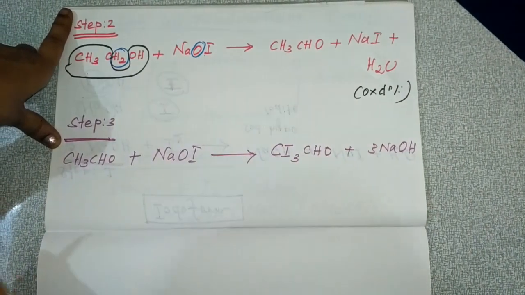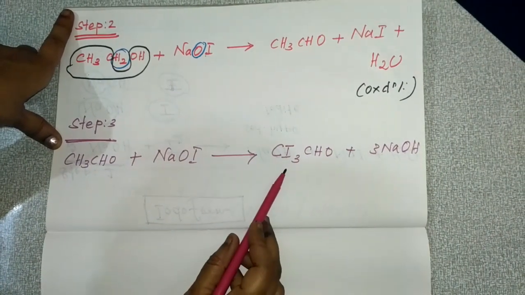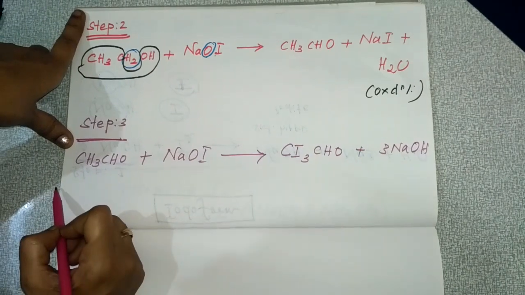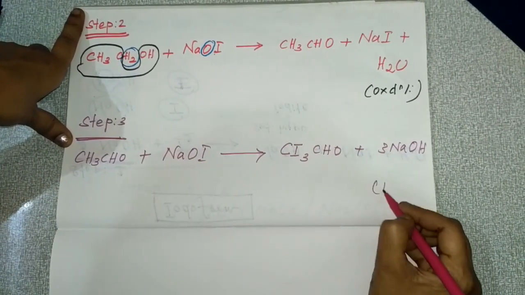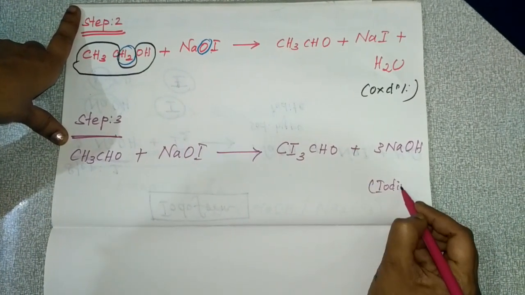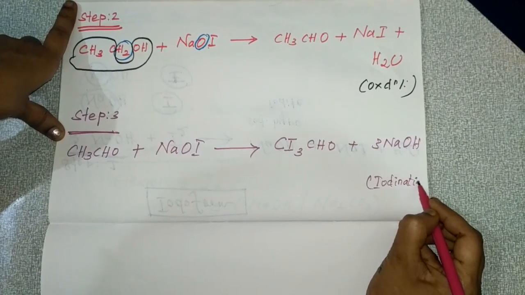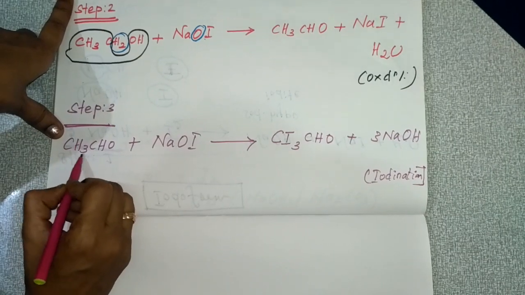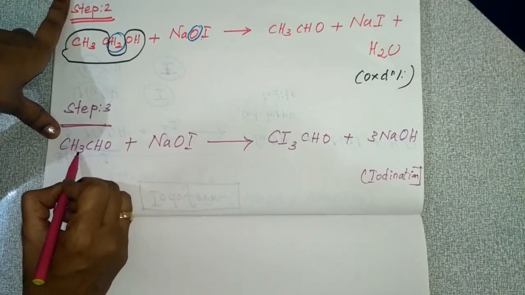So can you understand this reaction? This iodine will take the place of these 3 hydrogens. So what happens here? Iodination takes place. What do you mean by iodination? Addition of iodine.